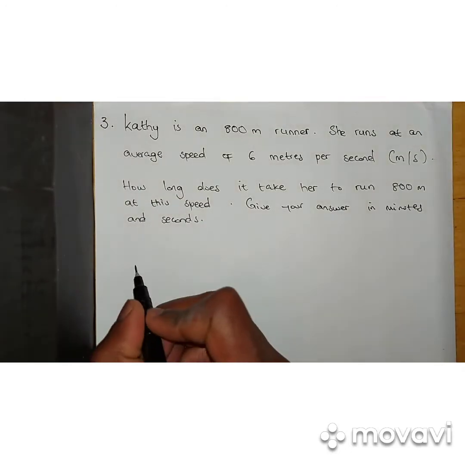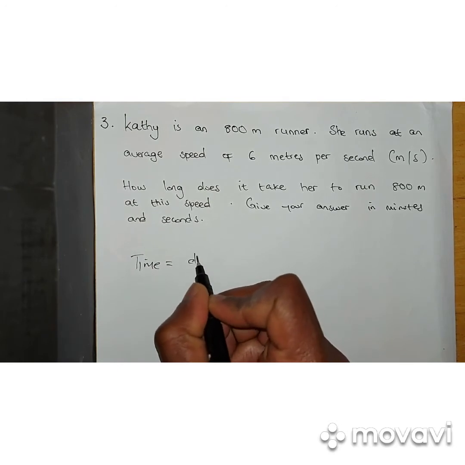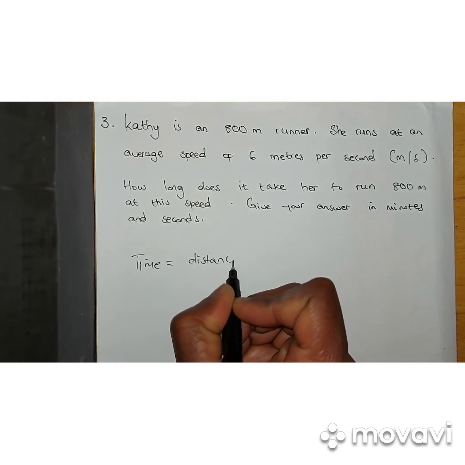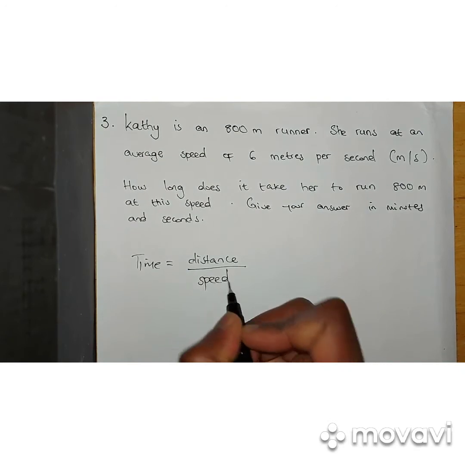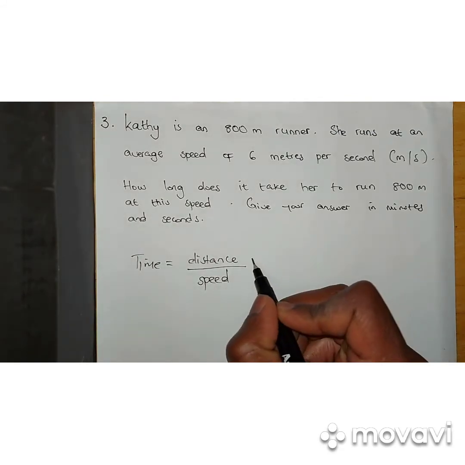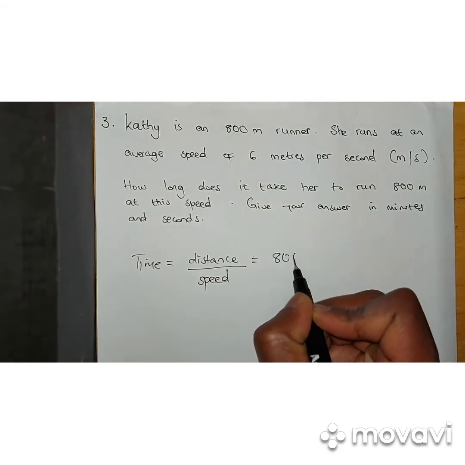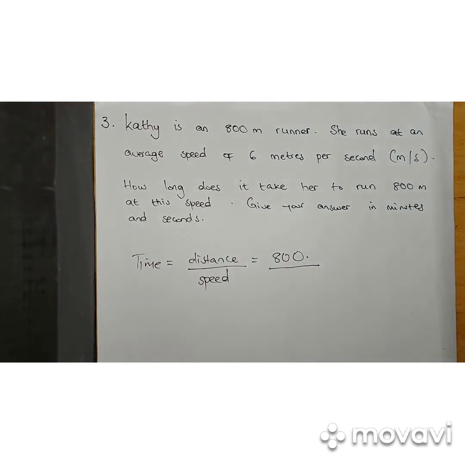Write the formula down. Time is equal to distance over speed. Have we been given the distance? Yes, we have. Our distance is equal to 800 meters. Have we been given the speed? Yes, we have.